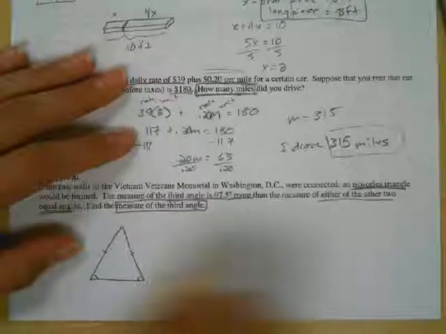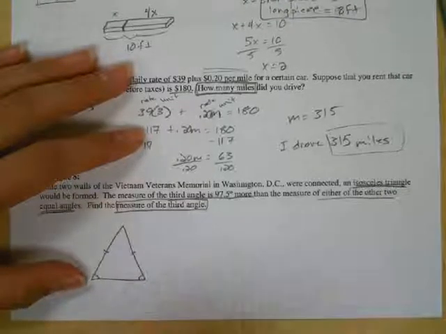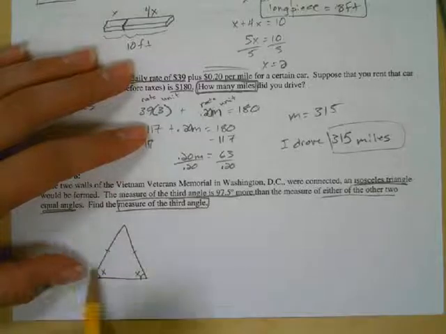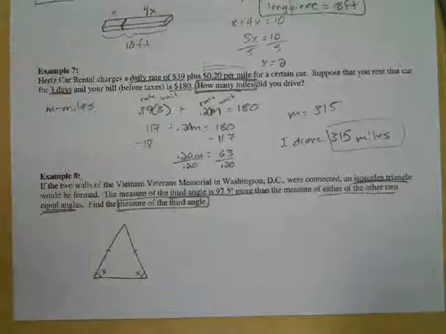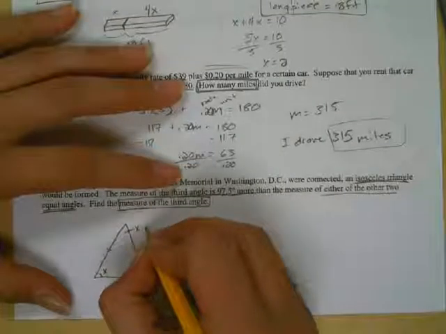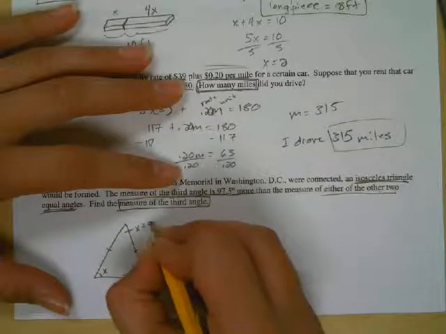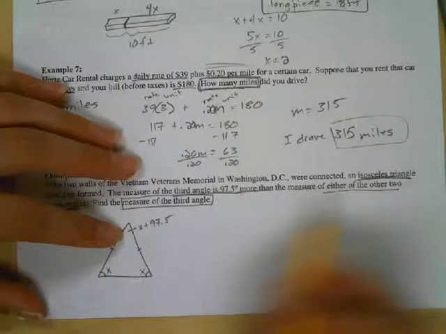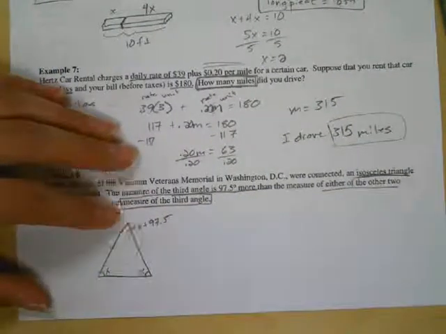I don't know anything about the equal angles except that they're equal, so I'm going to call them both x. Each one of those is x degrees, which makes this one 97.5 more than that, so x plus 97.5.